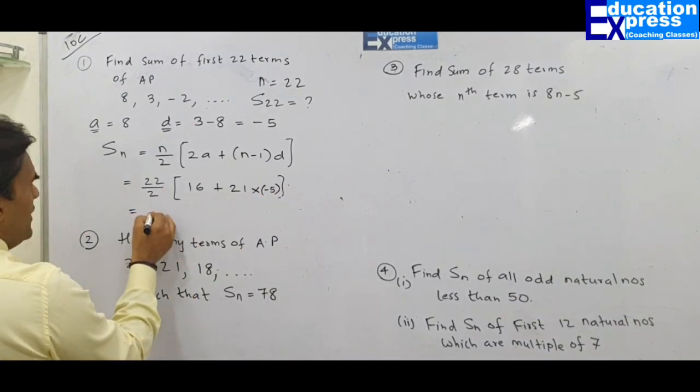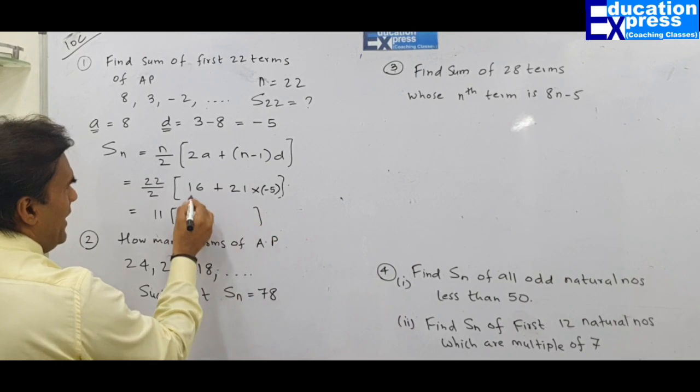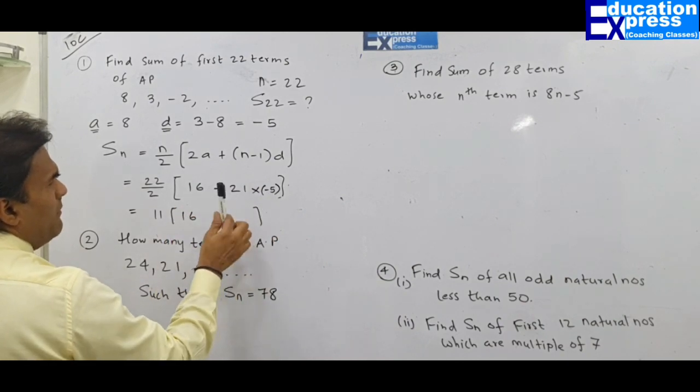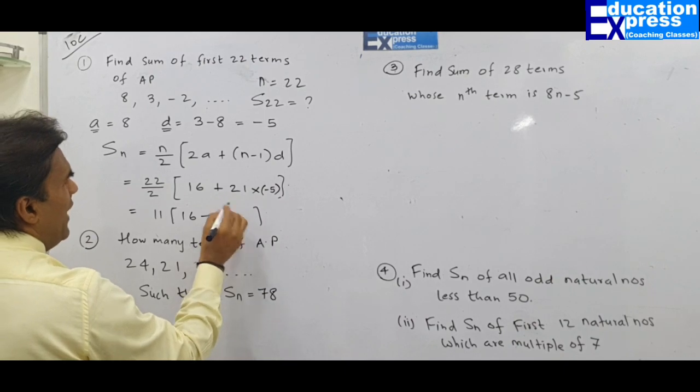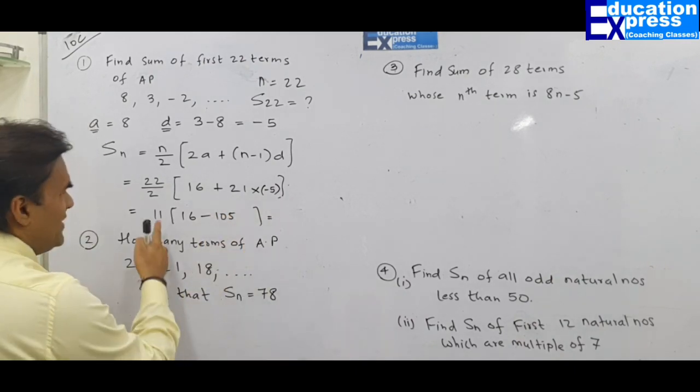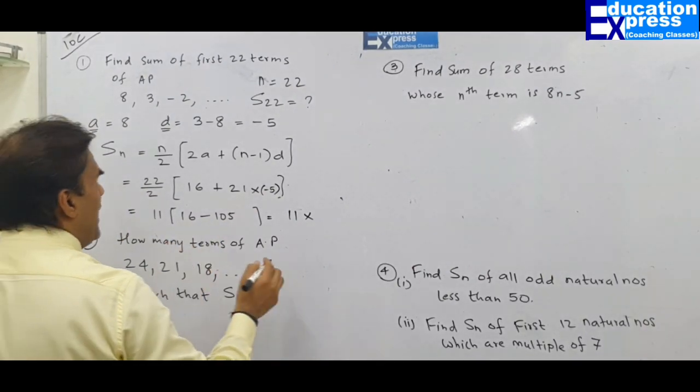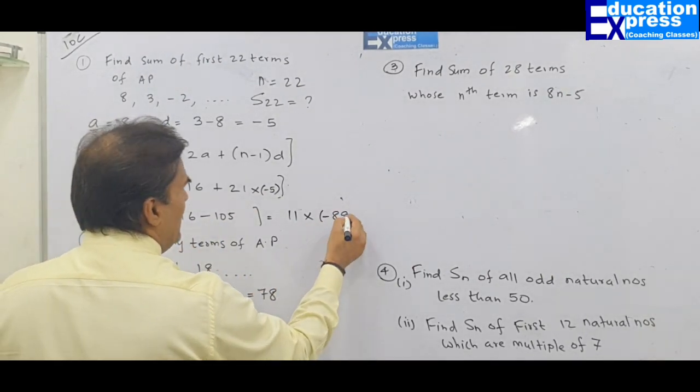22 upon 2 is 11. Inside the bracket, 16 minus 5 into 21, minus 105. So my dear friends, 11 multiplied by this is going to be minus 89.